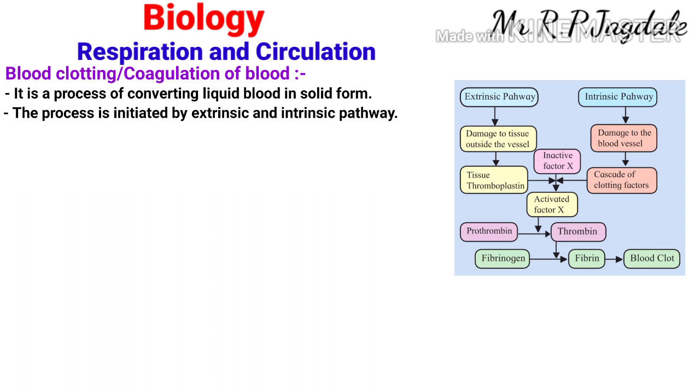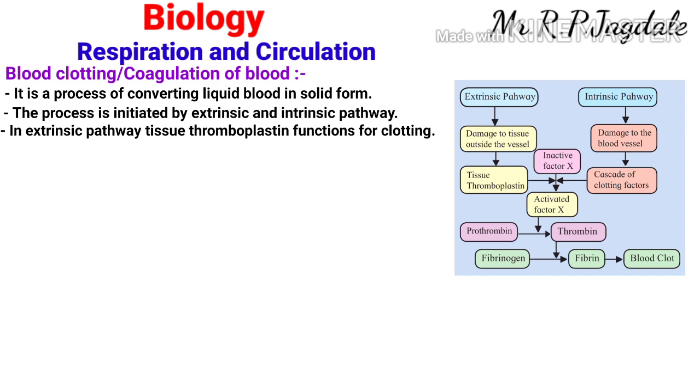Talking about the extrinsic pathway, when there is damage to the tissue outside the vessel, the thromboplastin present in the tissue is going to function. And in case of a damaged blood vessel, the cascade of clotting factors functions. There are about 12 clotting factors, namely Roman numerals 1 to 12.